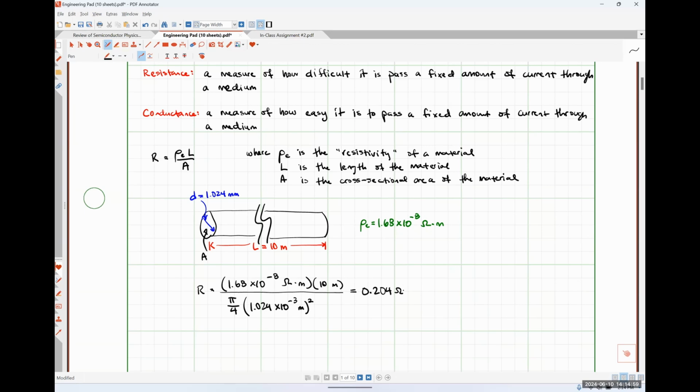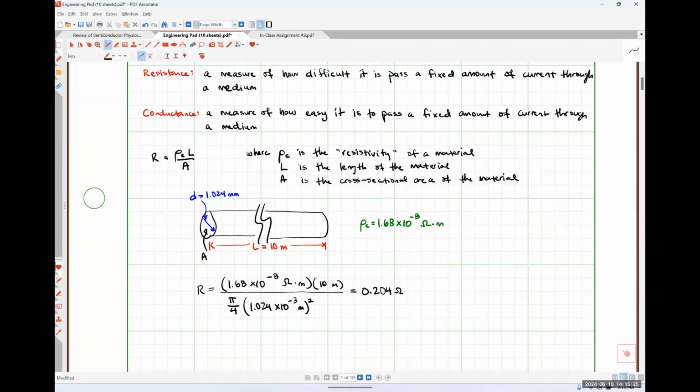Okay. So let me ask you guys another question. How does this resistance of 0.204 ohms or 204 milliohms compare to the size of the resistances that you've used when constructing circuits? It's not very much. Small. Much, much smaller, right?